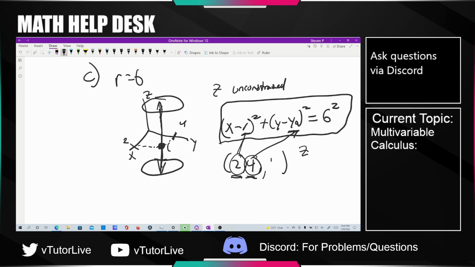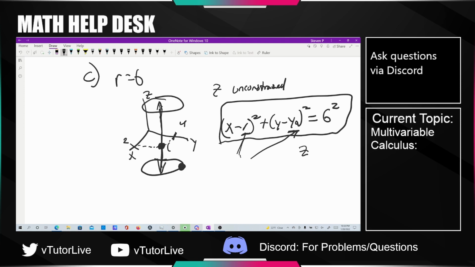And I could say z is 100 is valid, or z is pi is all valid. Sorry, I shouldn't have been using 2 and 4 there because that's talking about the center. The point is, let's say that you explicitly go through and find some points out here.